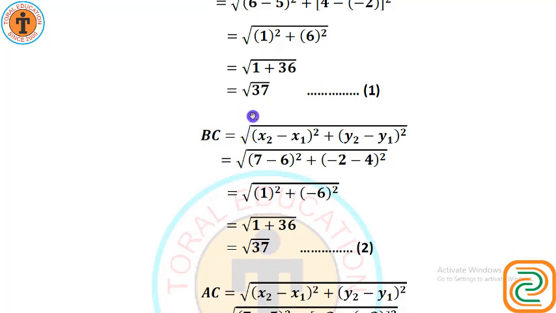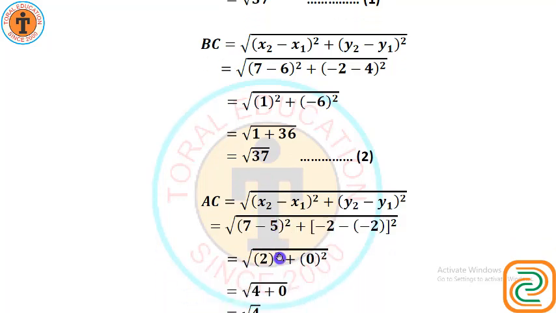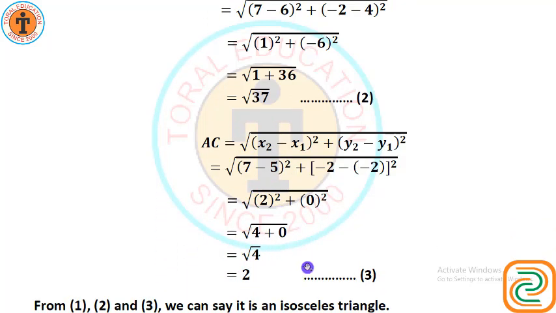So we have root 37 in AB and in BC also. Now look at AC. AC is different. AC, 7 minus 5 whole square and minus 2 minus minus 2 whole square, minus minus is plus, so minus 2 plus 2 is 0, and 7 minus 5 is 2, 2 whole square plus 0 whole square, so 4 plus 0, that is root 4 equals 2.